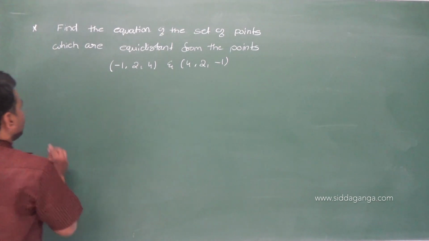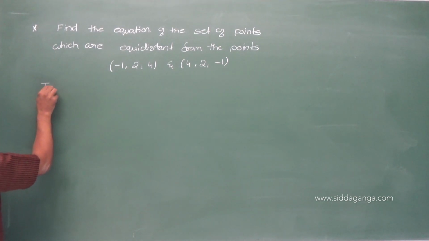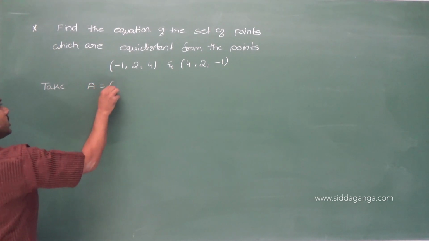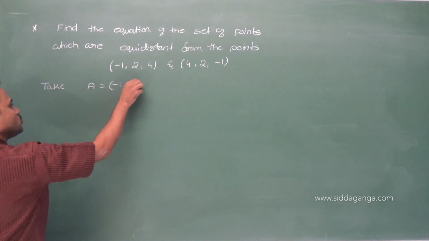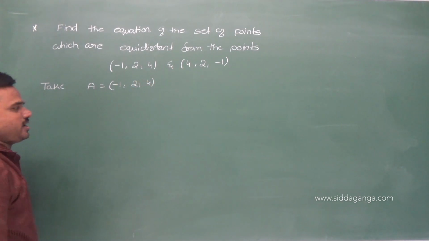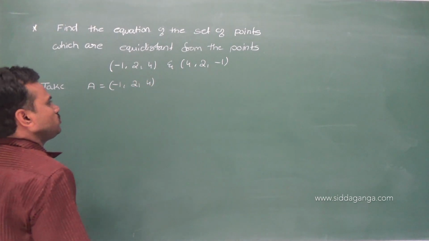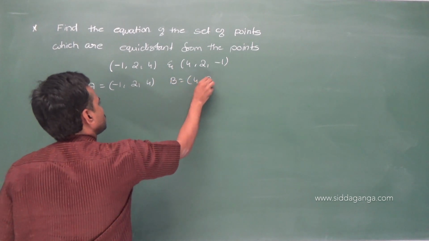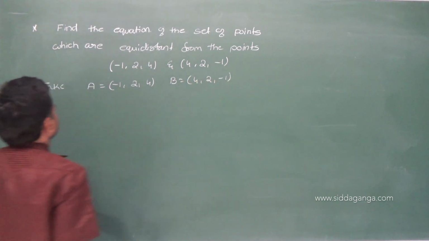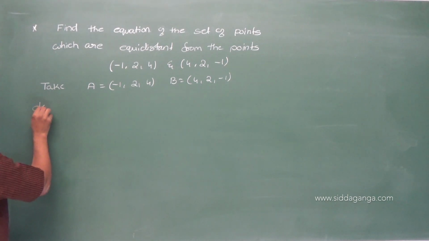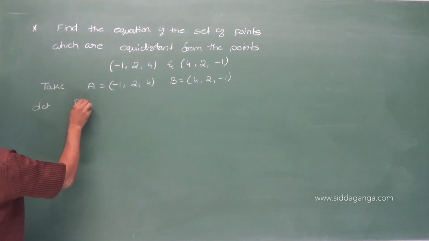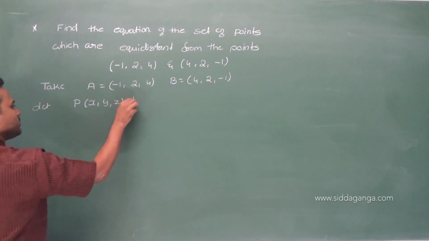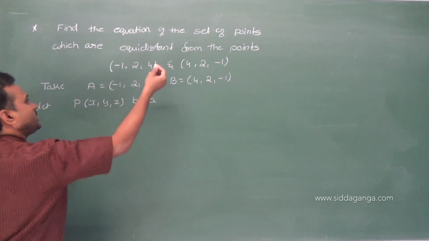Okay, what we do here? Take a point minus 1, 2, 4. Correct now? A point is minus 1, 2, 4. B point is 4, 2, minus 1. Let P of x comma y comma z be a set of points.